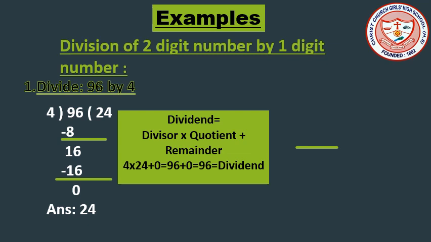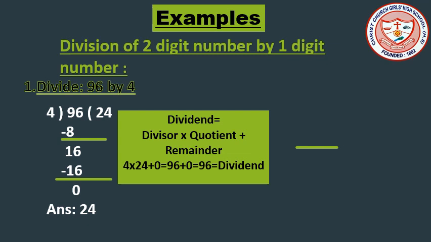Girls, here the divisor is 4. And what about the quotient? Correct, that is 24. So we are going to write 4 into 24 and we get 0 as remainder.